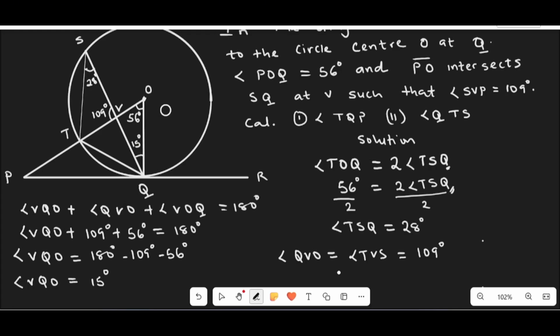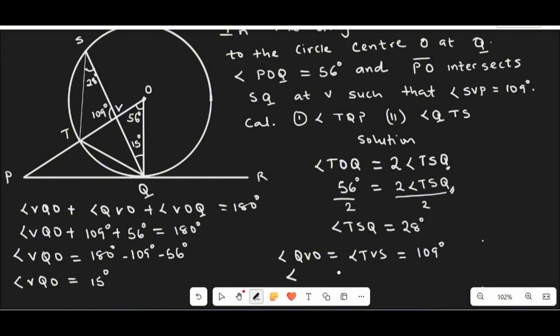Angle OQT is equal to angle VQO and angle TQS.